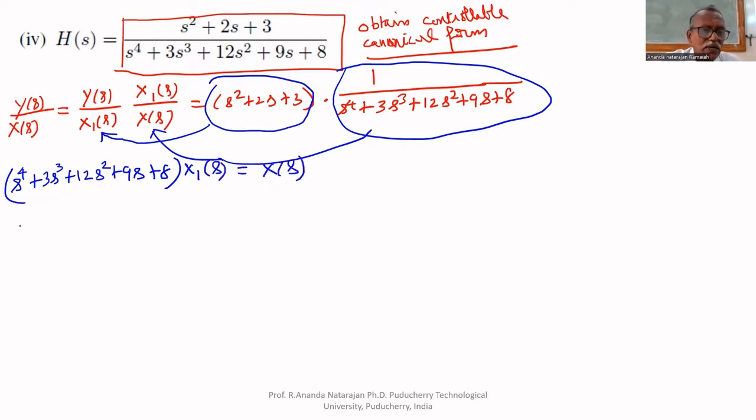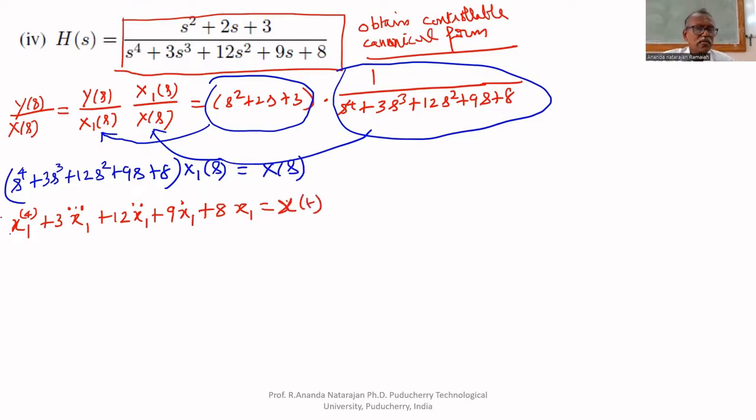Or you can say that s power 4 means fourth derivative: the fourth derivative of x1 plus 3 times the third derivative plus 12 times the second derivative plus 9 times the first derivative plus 8 x1 equal to x(t).